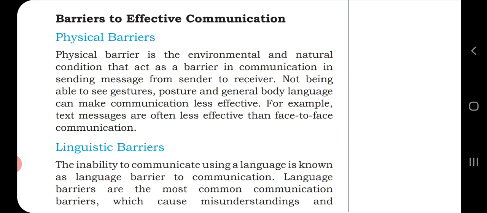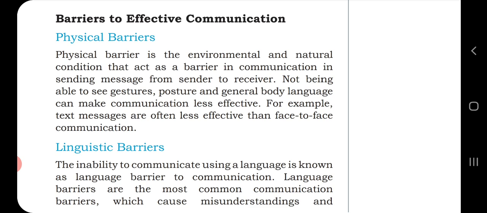So if there is a speech in your school and all the students are sitting very nicely to listen to this speech, we have arranged some great speaker, and suddenly if there is rainfall, then if the speech is in an open place, then there will be a physical barrier.